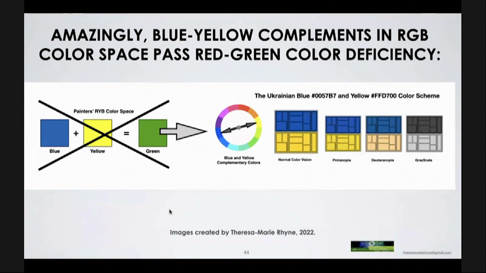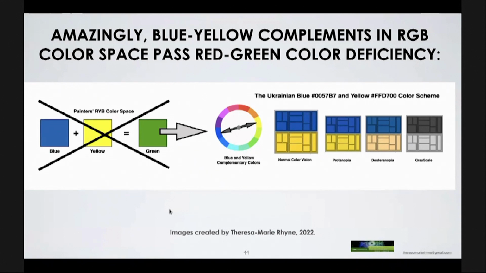Now here's another one. We've all been talking about the country of Ukraine a great deal. I actually have a dance instructor who is from Ukraine, so I decided to look at this color combination. By the way, the colors of the Ukrainian flag are Pantone colors specified in the Constitution.